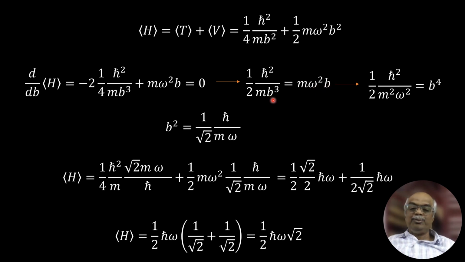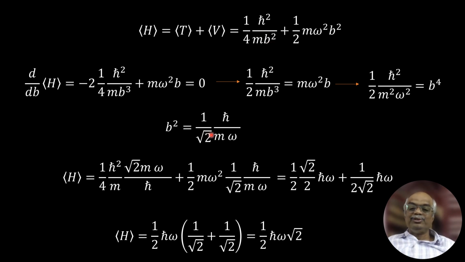Here you bring this p to the power 3 to the left hand side, then this will become p to the power 4, and bring m omega to the left hand side, then this will become m squared omega squared. So you will get half h cross squared divided by m squared omega squared, which is equal to p to the power 4.